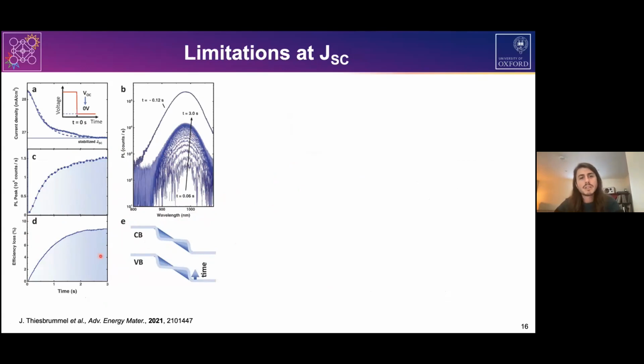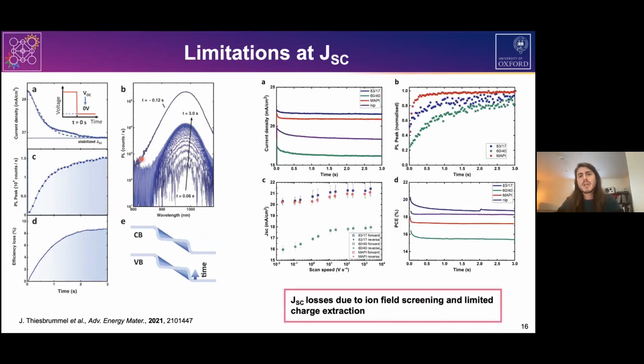And what they found out is that due to an internal ion redistribution in the perovskite, we would end up with a sort of internal field screening, where the charge extraction gets limited after a few seconds, and the JSC basically will decay. Now, this study was done on lead-tin perovskite, but they also showed this is quite a universal process, basically a universal limitation for different types of perovskite and also for our 1.8 eV.